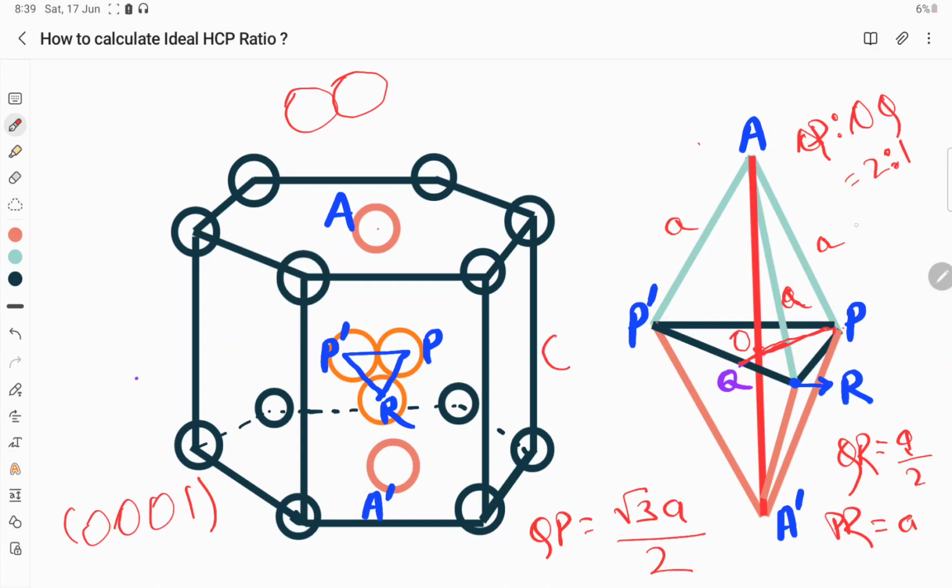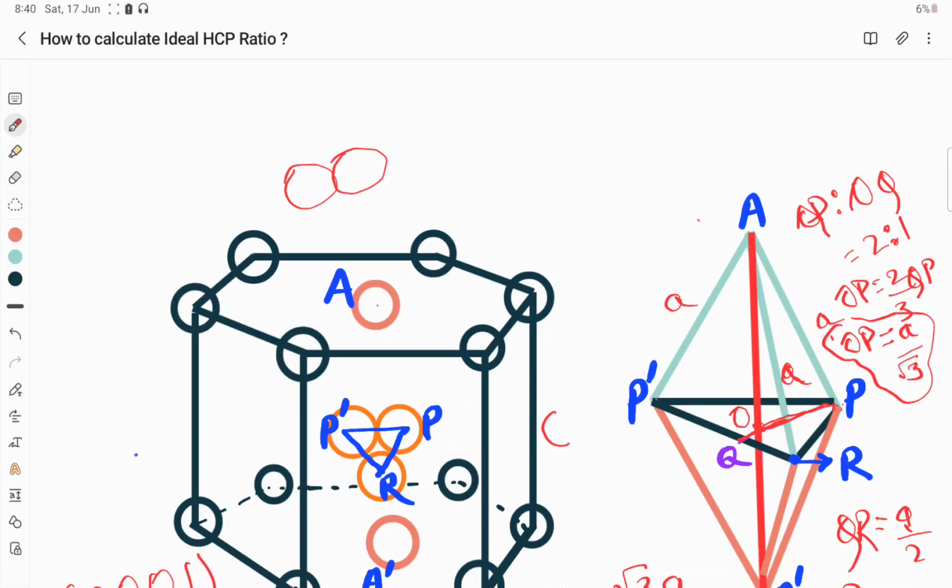So the distance OP will be 2 by 3 of QP, and QP we have calculated as √3a by 2. So the distance OP will come as a by √3.